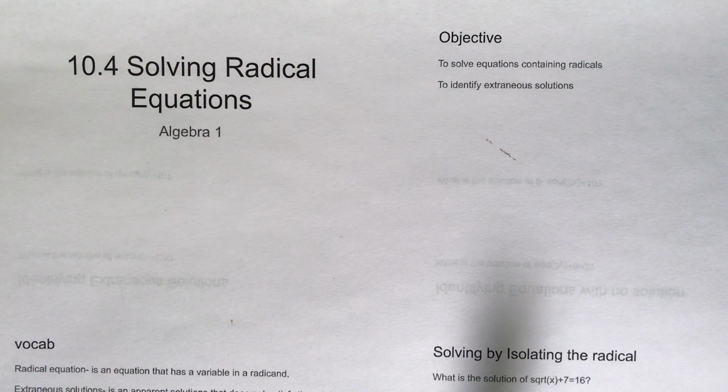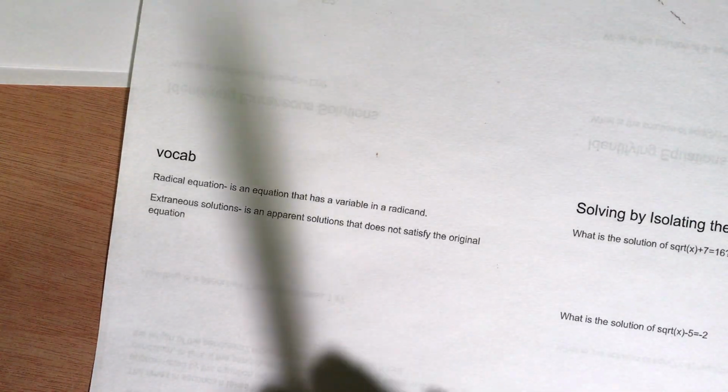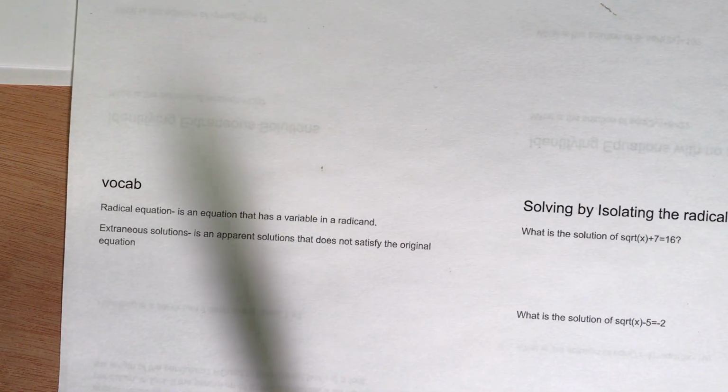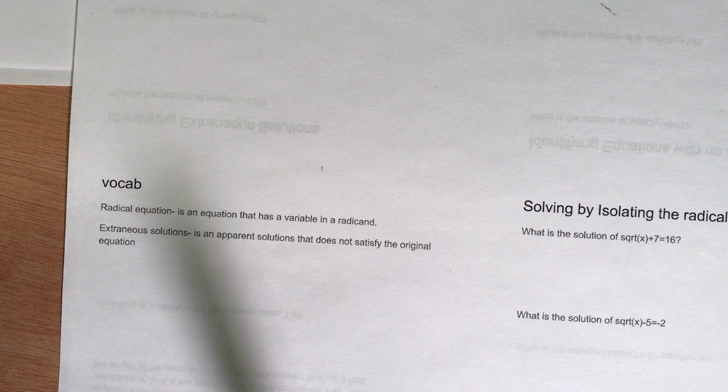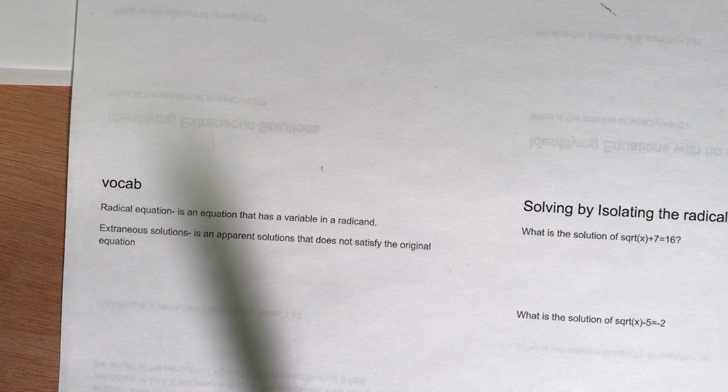Objective is to solve equations containing radicals and to identify extraneous solutions. Extraneous solutions is going to be one of our vocab words. First we have radical equation, which is an equation that has a variable in a radicand.